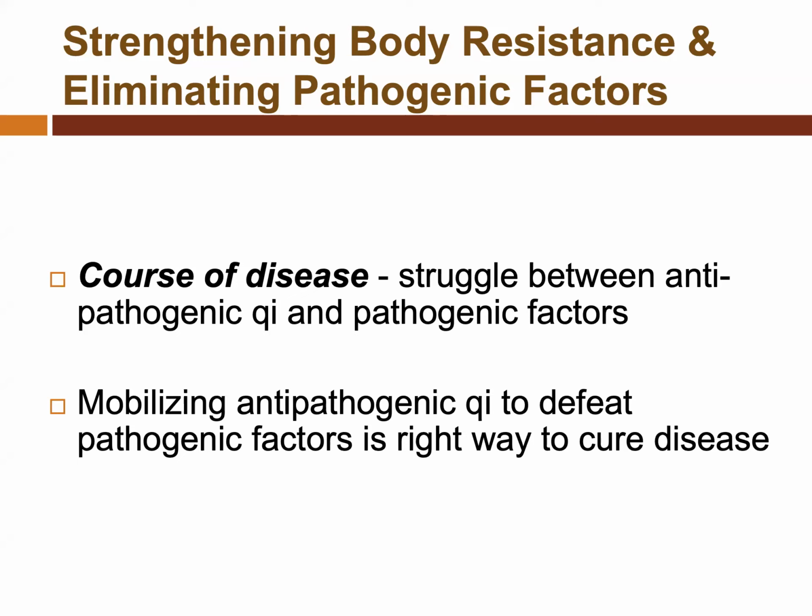In the course of disease, there is a struggle between anti-pathogenic qi and pathogenic factors. In other words, there is a war inside our body between our soldiers that fight disease and the invaders. So, mobilizing anti-pathogenic qi to defeat pathogenic factors is the right way to cure disease.